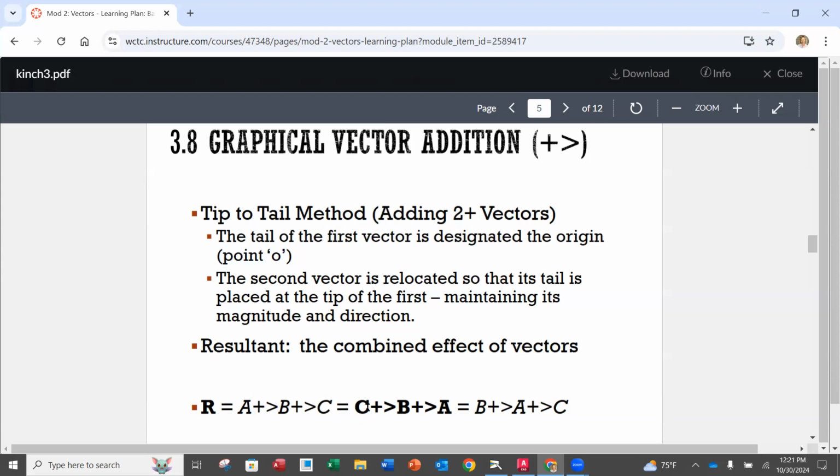We can also change the order and have the same net effect on the body. So maybe we would want to start with vector C and then add vectorially B to it and then add vectorially A. Or we could also do B plus A plus C. No matter the order that we vectorially add vectors, we're always going to get the same net effect.